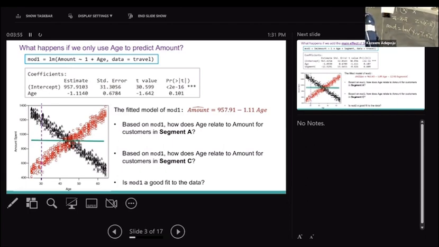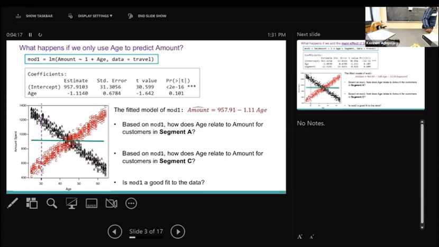When I use the red line, I will underestimate, because from 30 maybe it's going to give me around 600. But when I use the black line, I'm actually going to overestimate.